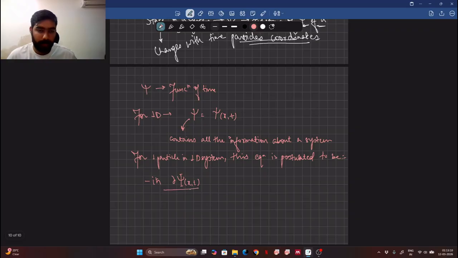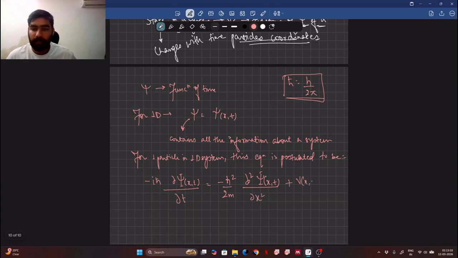So this is capital Psi, which is a function of x and t both, ∂/∂t, which is equal to minus ħ² by 2m. Here ħ is equal to h upon 2π. So ∂²Ψ(x,t)/∂x² plus V(x,t)Ψ(x,t).